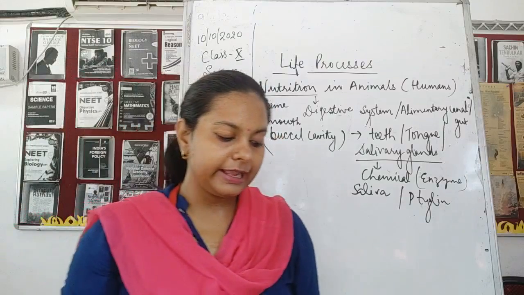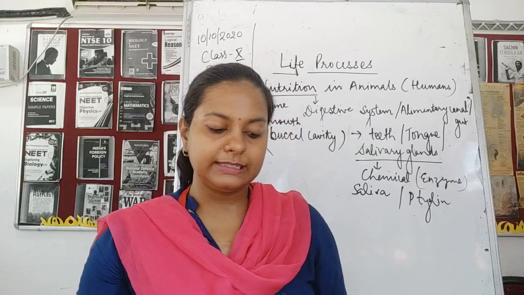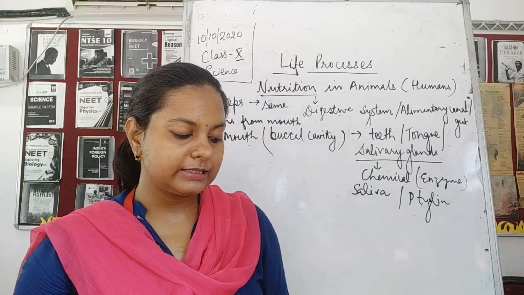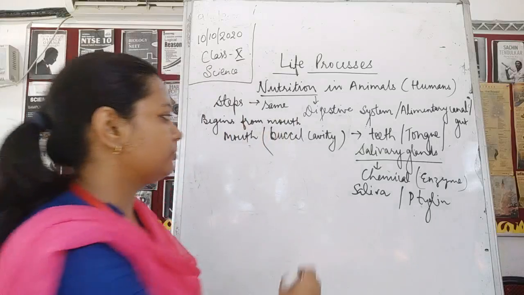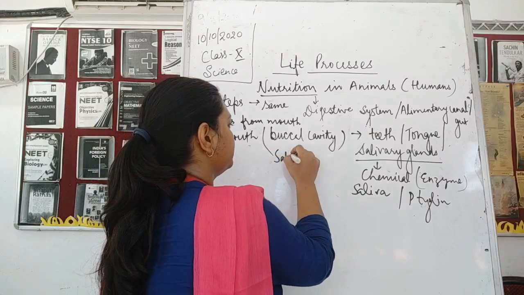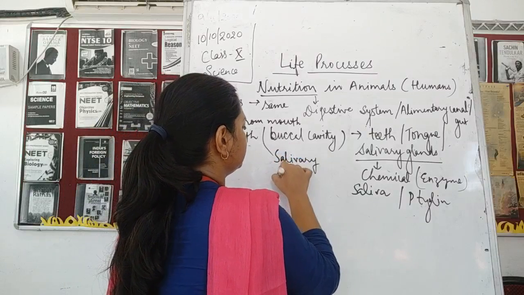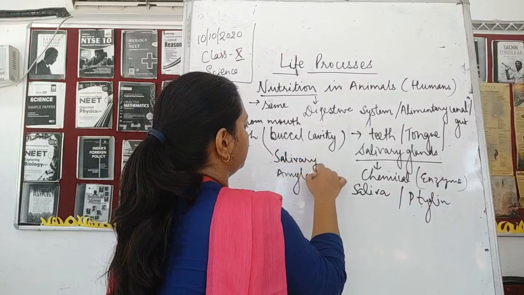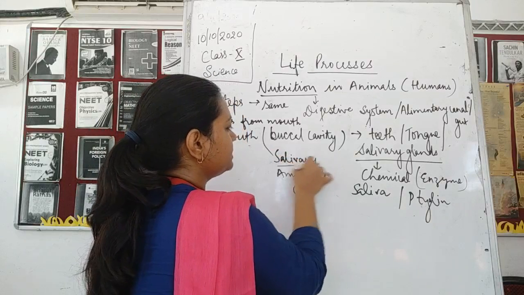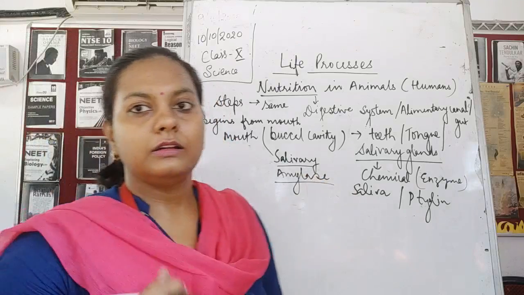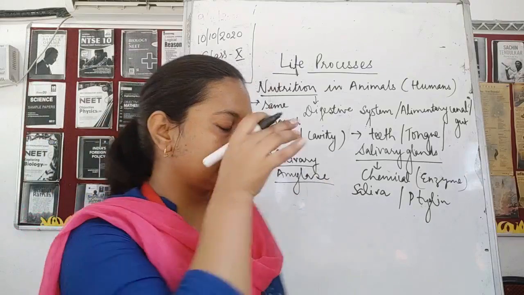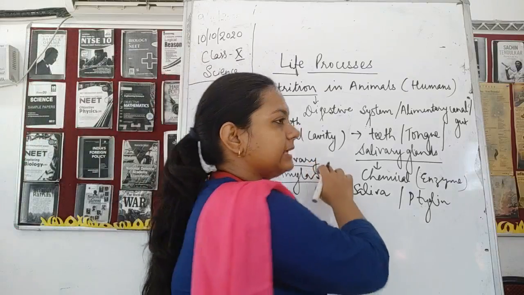The salivary gland helps in chemical digestion by secretion of enzymes. The human saliva contains an enzyme called salivary amylase. This is the new name. It is written as one complete word, salivary amylase.